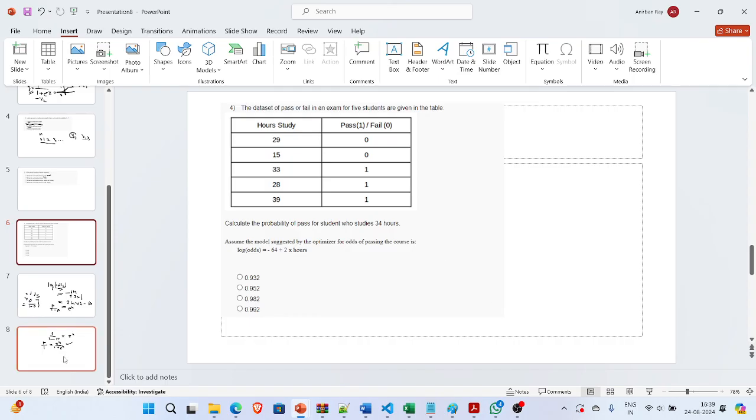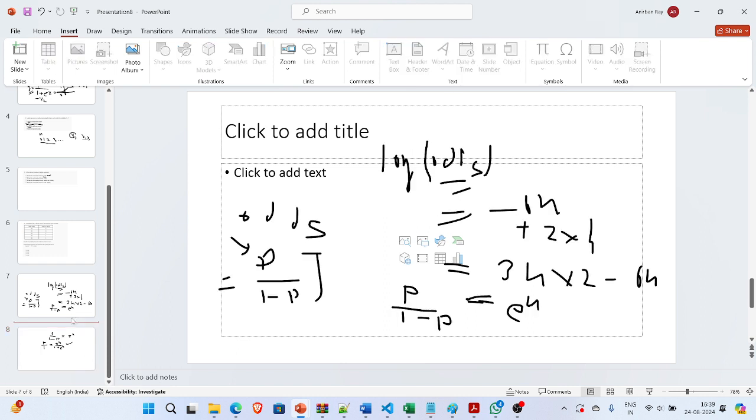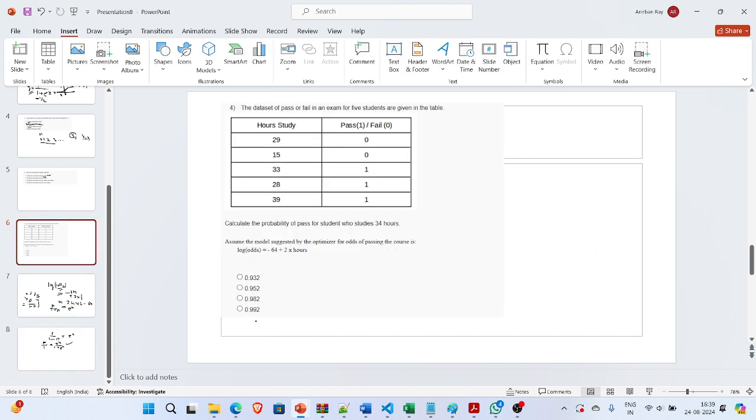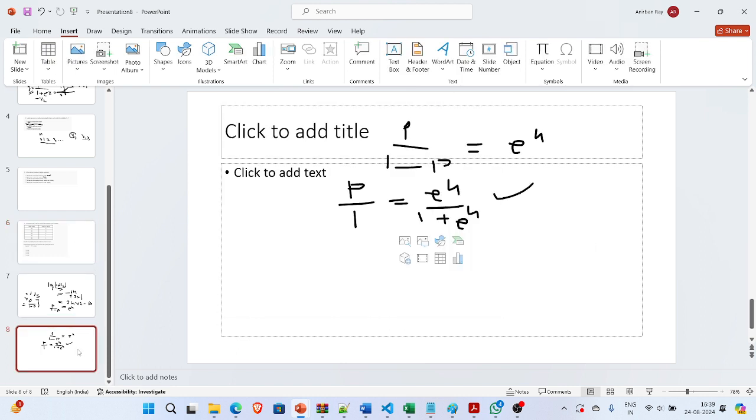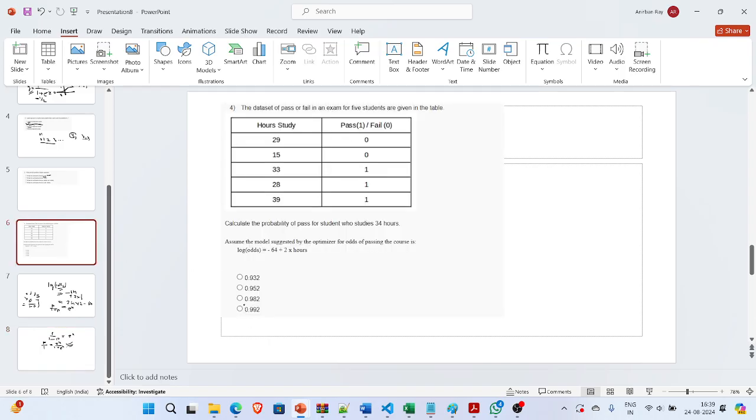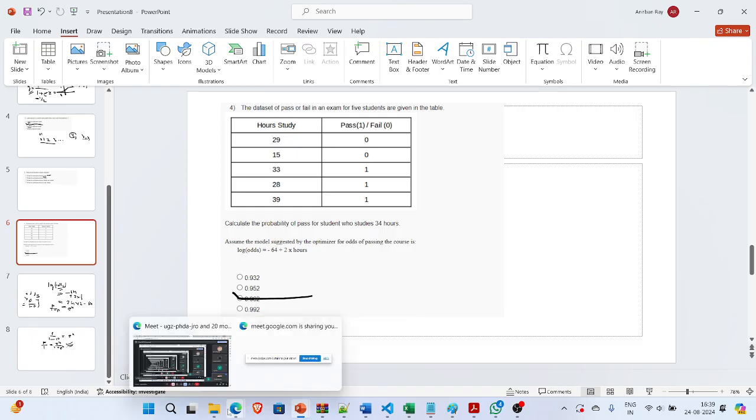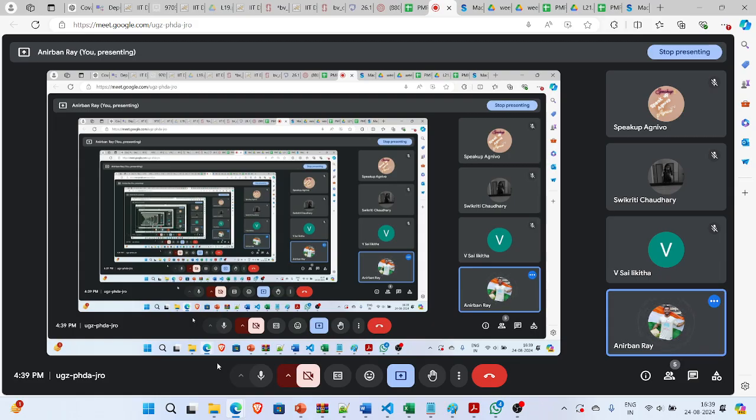So this is our probability. This is what we needed actually. You calculate it, and it comes out to be about this one. This is the answer. Clear? Very simple problem. But the table is useless as well.